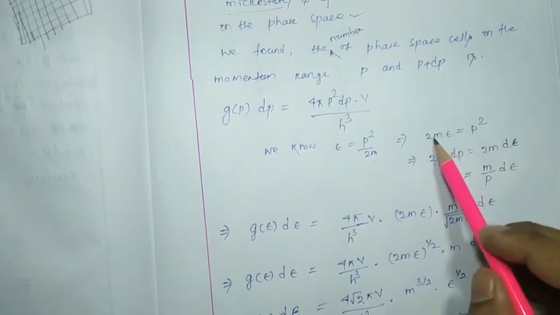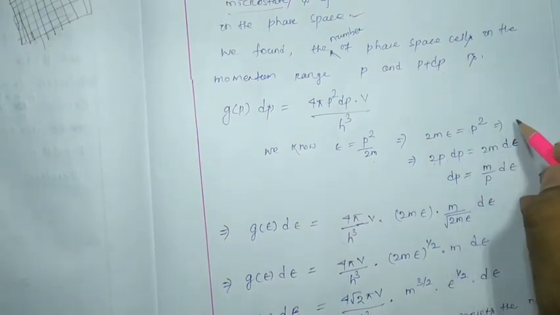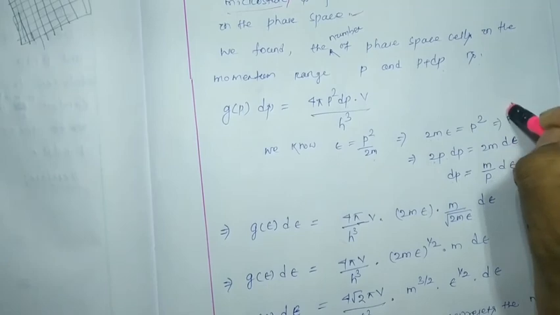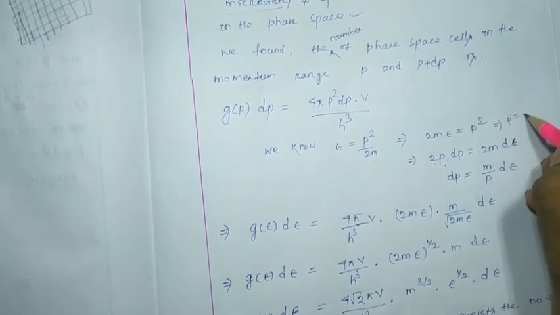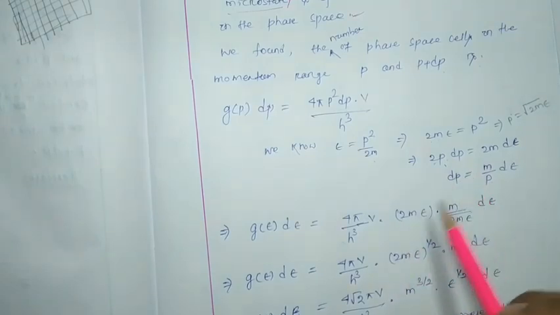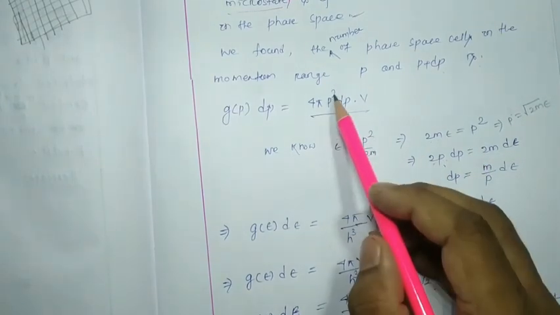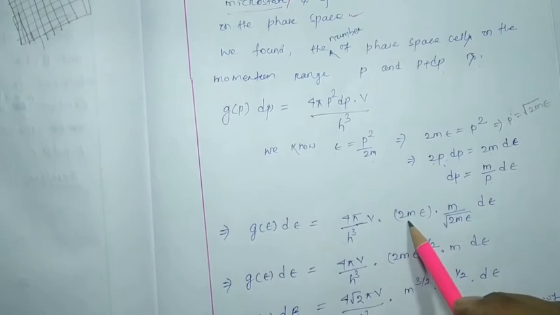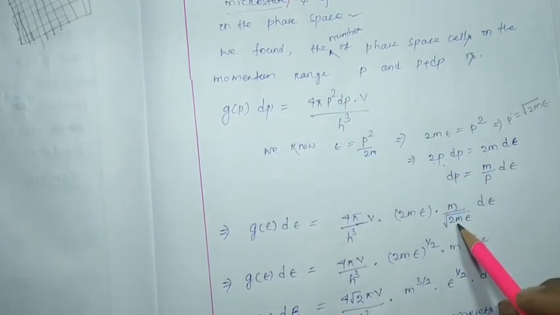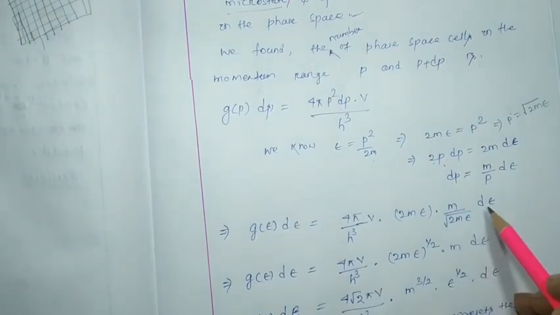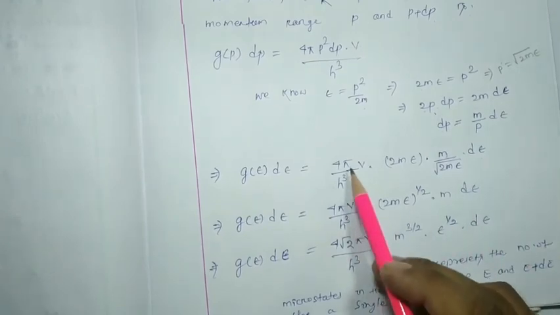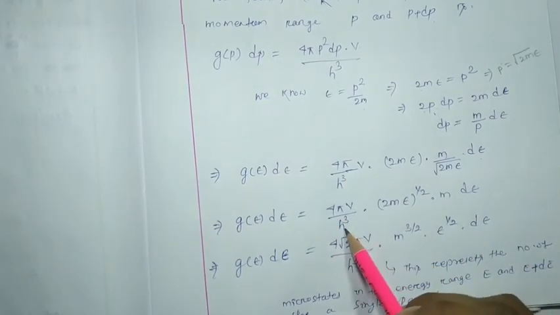Here P square equals 2m epsilon, which implies P equals root over 2m epsilon. So instead of P square we write 2m epsilon, and dP is m by root over 2m epsilon into d epsilon. Now this is 4 pi V by h cube.